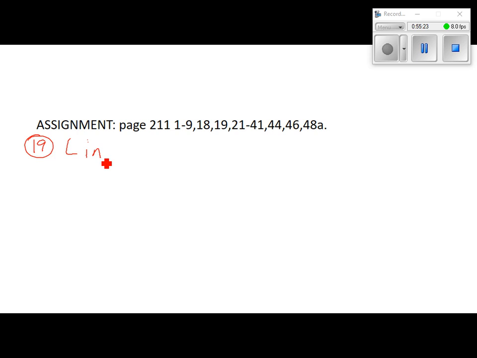You said line B? There's no B in that picture. It's P. What are you looking at? You're looking at number 20. You're on the wrong picture. The picture below it.